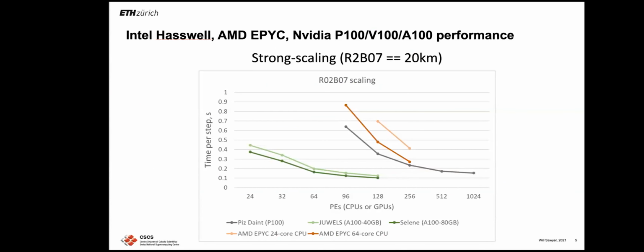What we see here is just the proof that this model is running on a number of architectures: Intel Haswell, the AMD EPYC, the NVIDIA P100, V100, A100. So you can really say we have achieved a portable solution to many architectures.